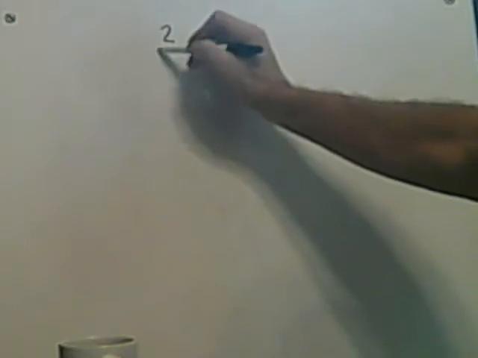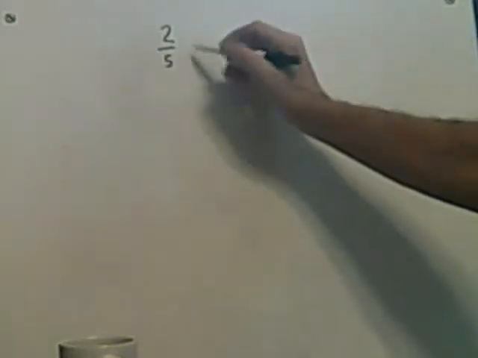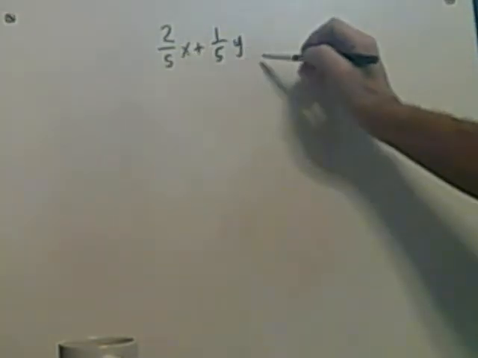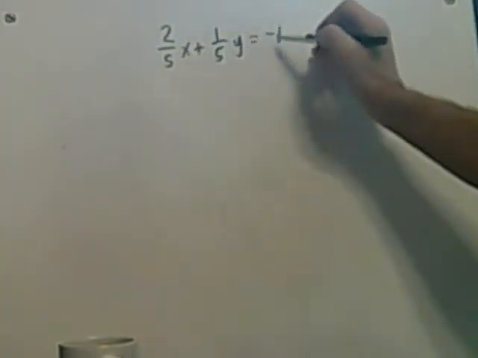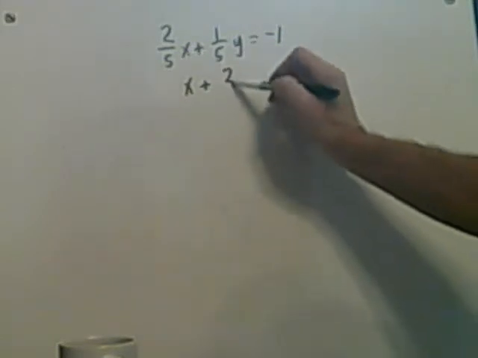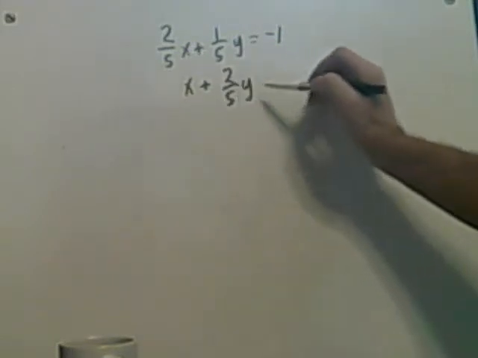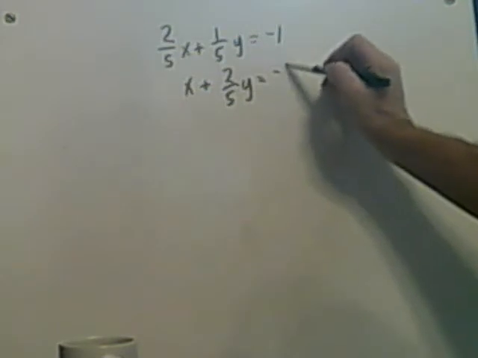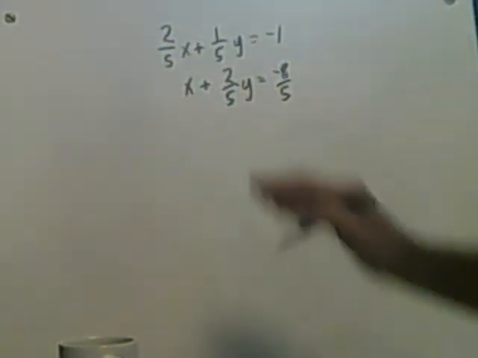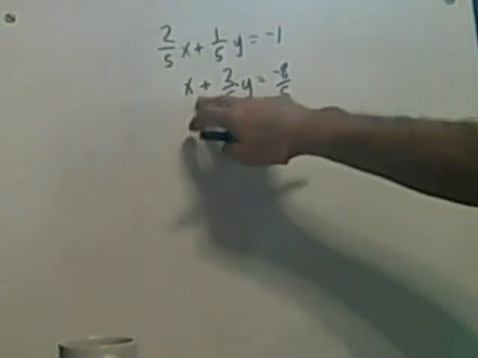22, that's 2/5 x plus 1/5 y equals negative 1, and x plus 2/5 y equals negative 8/5. And this is substitution, so I'm going to use the second equation because I can readily solve that for y.